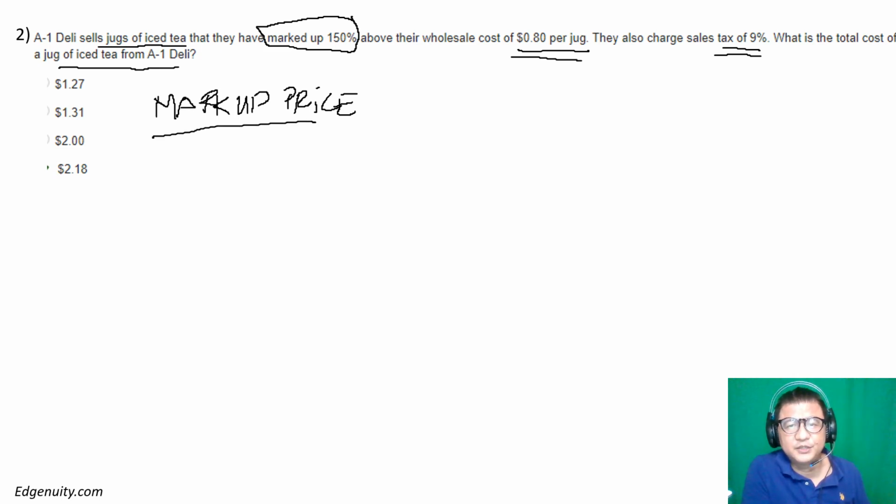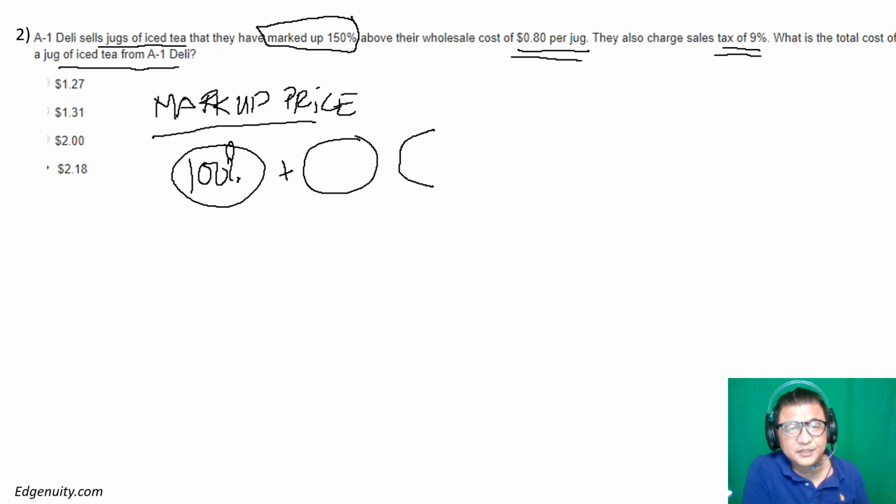How much will the new iced tea be? So they bought it for 80 cents. Remember, the whole price is 100%. That's the 80 cents. You'll have to add another 150%.